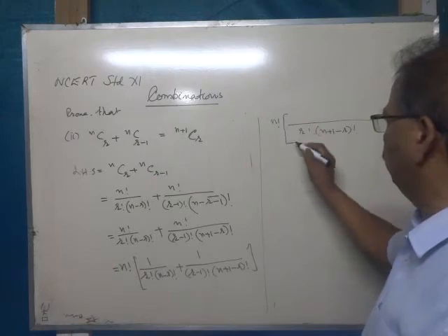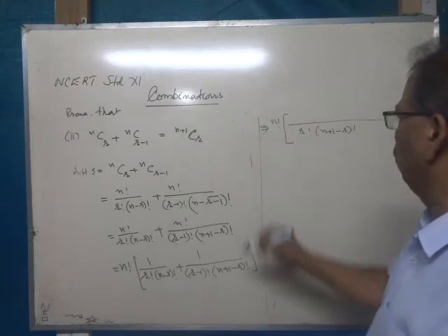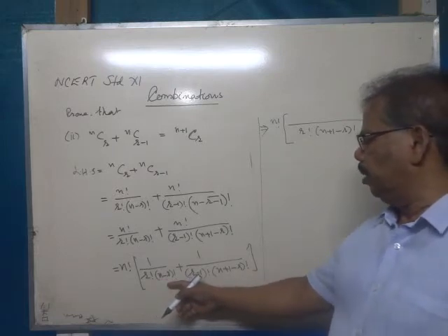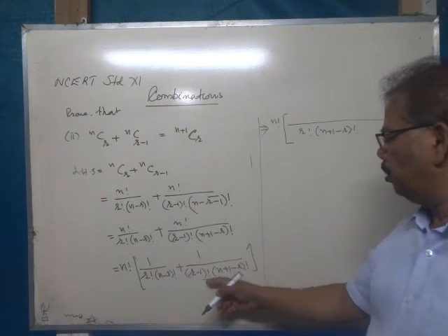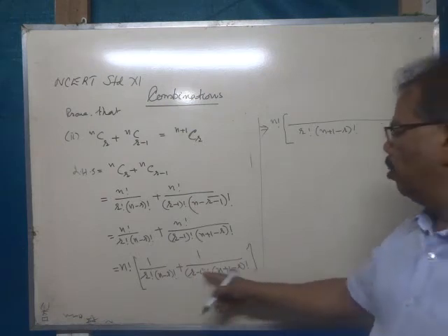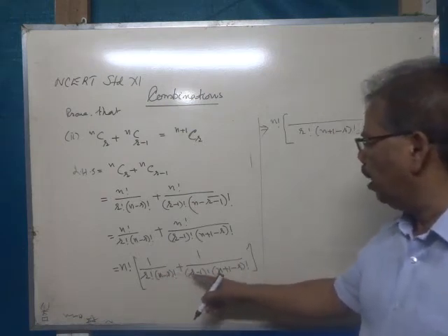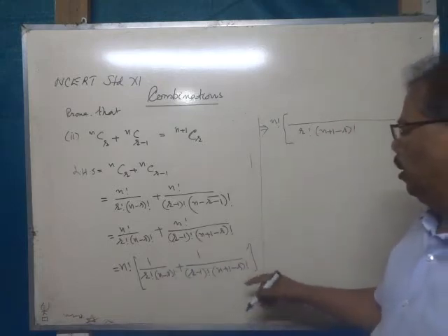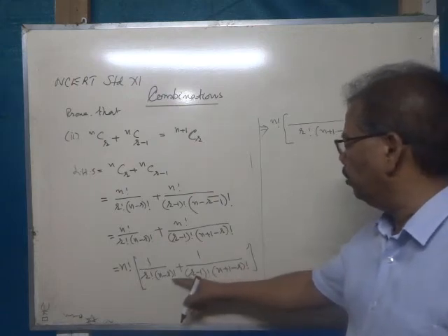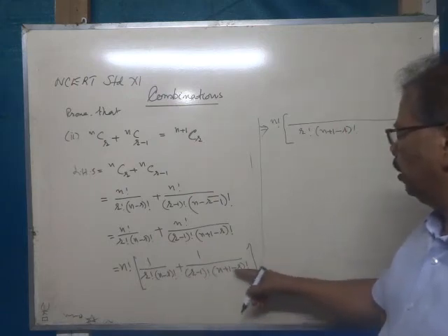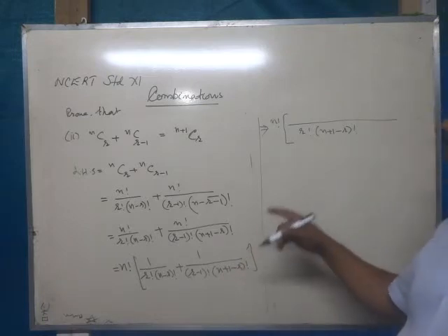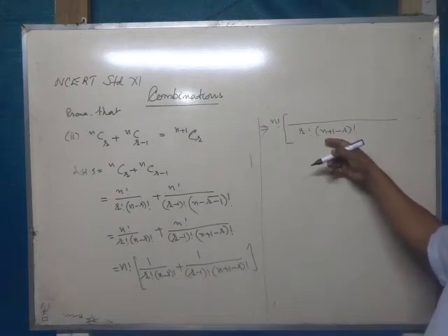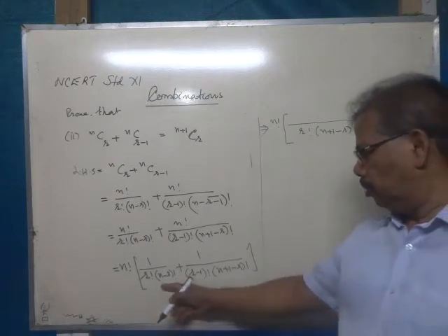In the denominator it is r factorial into (n minus r) factorial and (r minus 1) factorial into (n plus 1 minus r) factorial. Of r factorial and (r minus 1) factorial, the greater one is r factorial, therefore r factorial. And of (n minus r) factorial and (n plus 1 minus r) factorial, the greater one is (n plus 1 minus r) factorial, therefore we have written (n plus 1 minus r) factorial. The product of r factorial and (n plus 1 minus r) factorial will be the LCM of these two terms.